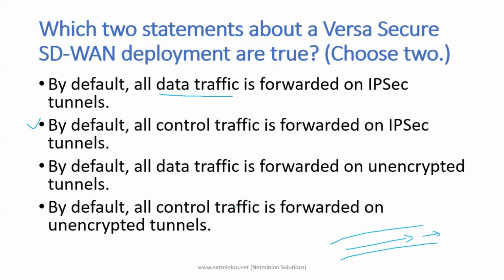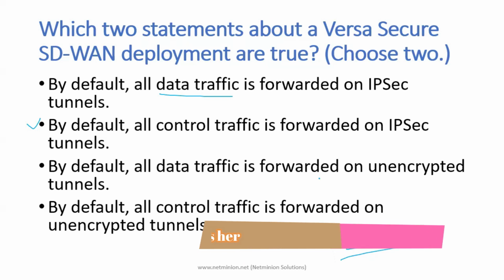Sir, I think option number A is good, because data traffic needs to be encrypted. It goes over the secure DTLS tunnels, right? So I would go with option number A, sir. Yeah, I feel like A and B both are correct.